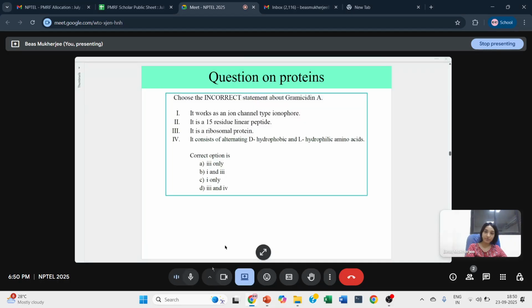Now that you have read about this, you will have to answer this question. Choose the incorrect statement about gramicidin A. It works as an ion channel type ionophore. It is a 15 residue linear peptide. It is a ribosomal protein. It consists of alternating D hydrophobic and L hydrophilic amino acids. Which is the correct option?